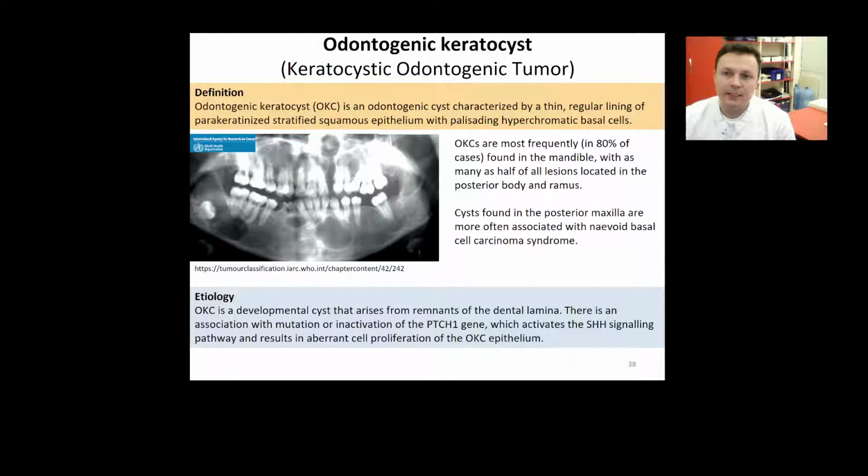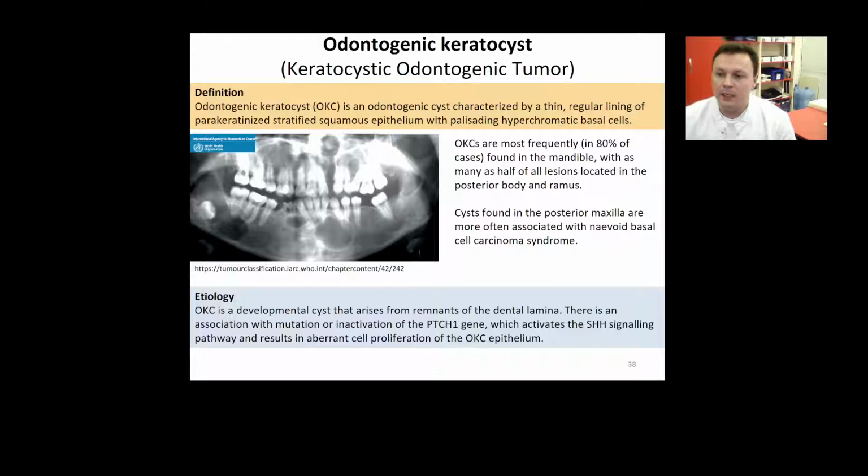Odontogenic keratocyst, or keratocystic odontogenic tumor. The keratocystic odontogenic tumor, or KCOT, formerly known as the odontogenic keratocyst, or OKC, received its new designation in order to better convey its neoplastic nature.